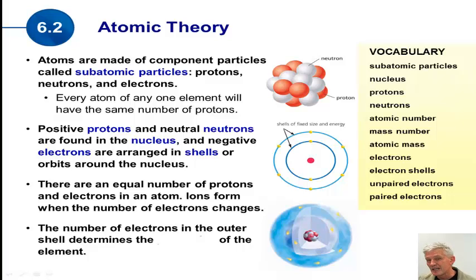Why is it plus? Because electrons are negative. If you lose 2 negative things, you're actually gaining positive charge. If, on the other hand, an element gains an electron, we would say it has a -1 charge because it's gained something negative. The number of electrons in the outer shell determines the properties of the element. That's important.